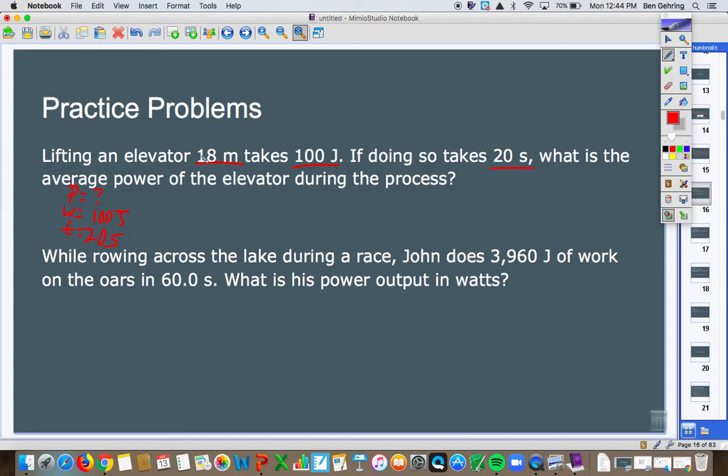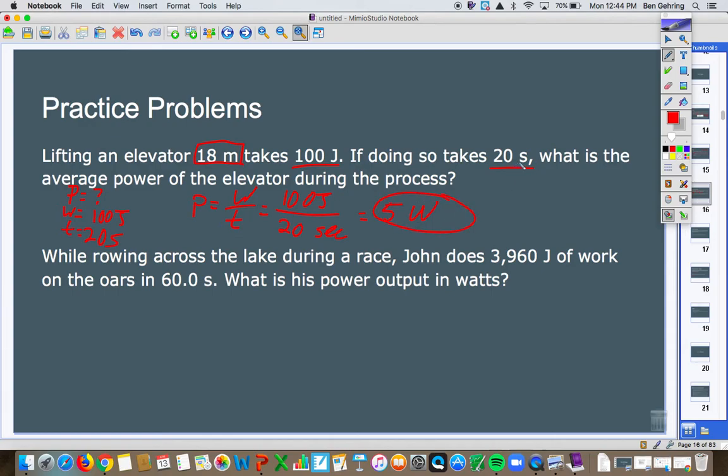In this case, my 18 meters is extra information that I don't really need to worry about. Because power equals work divided by time, I have 100 joules divided by my time, which was 20 seconds. So 100 joules divided by 20 seconds is going to give me a power output of 5 watts.